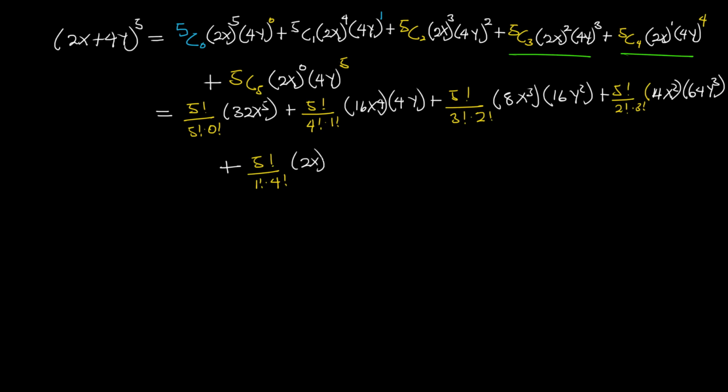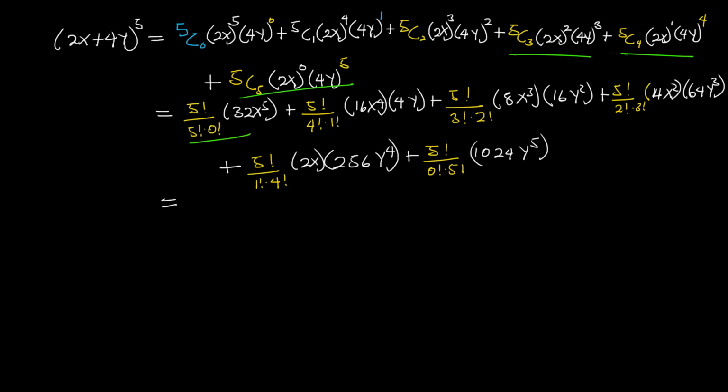This is multiplied by 2x times 4 raised to the power 4 gives us 256y^4 plus the last term here, and that gives us 5 combination 5 is 5 factorial over 5 minus 5, that is 0 factorial times 5 factorial times 2 raised to the power 0 is 1 times 4 raised to the power 5 is 1024y raised to the power 5.